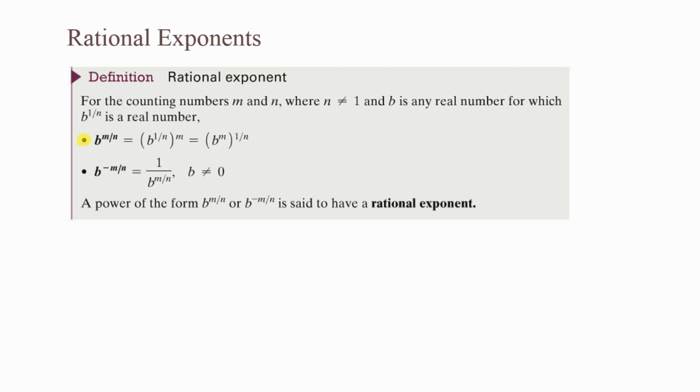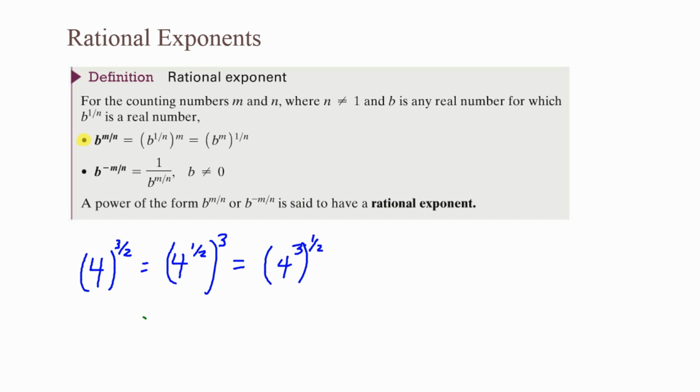So what this means is if I have 4 to the 3/2 power, I can write that as 4 to the 1/2 power cubed, or I can write that as 4 to the 3rd power to the 1/2 power. To solve this, it would be easier to use the 4 to the 1/2 to the third power, because 4 to the 1/2 is 2, and 2 cubed is 8.